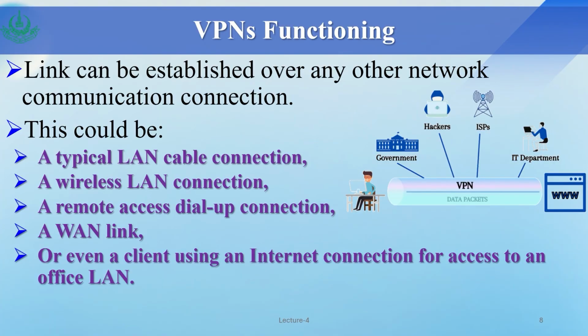A VPN link can be established over any other network communication connection. This includes a typical local area network cable connection, a wireless local area connection, a remote access dial-up connection, a wide area network link, or even a client using an Internet connection for access to an office local area network.